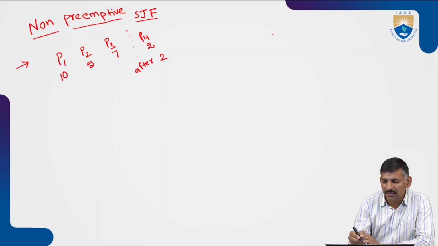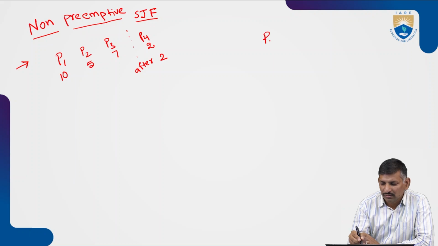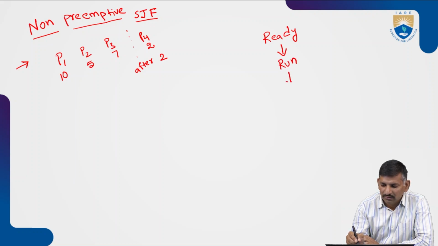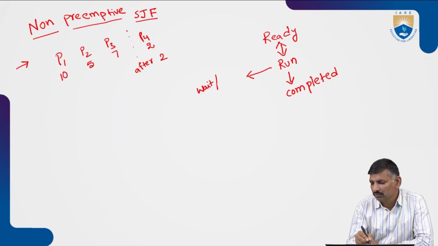We already said that there are the ready state, running state, completed state, and waiting or blocked state.